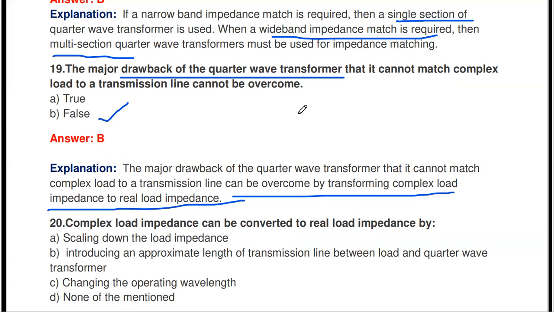After transforming, we can use this quarter wave transformer for impedance match. So that's why this drawback we can overcome. So that's why the statement is false.